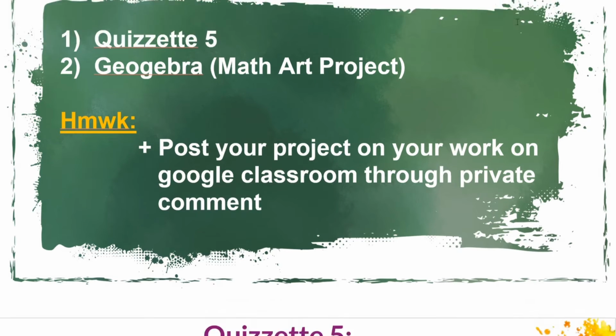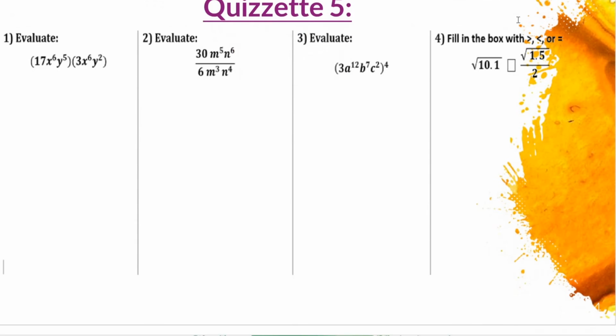Alright, we're going to go to our Quizzette 5. Evaluate 17x to the 6th power y to the 5th times 3x to the 6th y to the 2nd. First, we're going to group the numbers and variables together. 17 and 3, we write down 17 times 3.